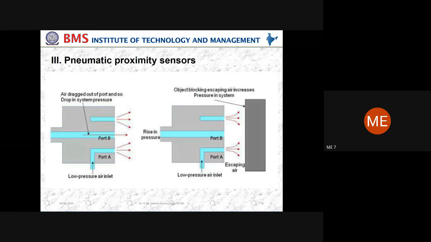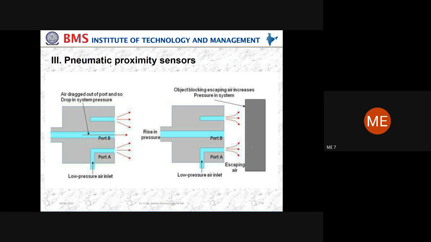Then we discussed the pneumatic proximity sensor. It is mainly used to detect smaller distances, and in this case, when there is an object near the port, there will be a rise in the output pressure. The amount of increase in the pressure depends upon how close the object is in front of the sensor.